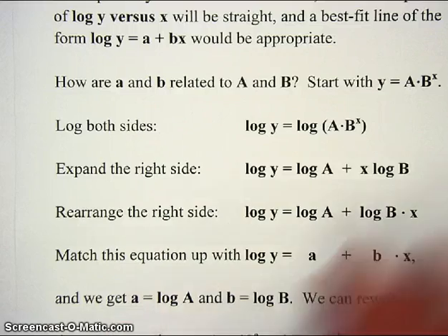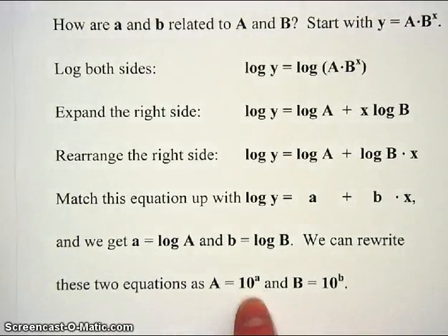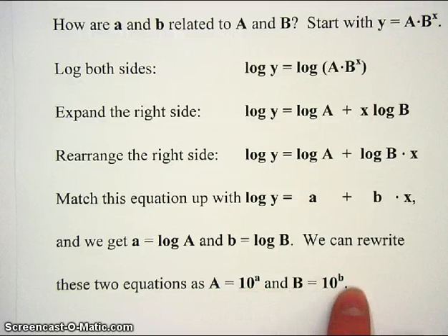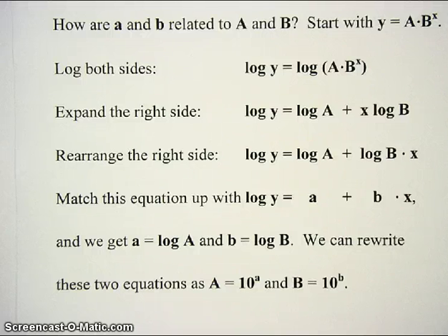This equation in exponential form is just capital A equals 10 to the lowercase a power, and capital B is equal to 10 to the lowercase b power. So your calculator will give you lowercase a and b. You can transform back to get capital A and capital B using this transformation, and then you can write the exponential model, and you can plug in values of x to make predictions.